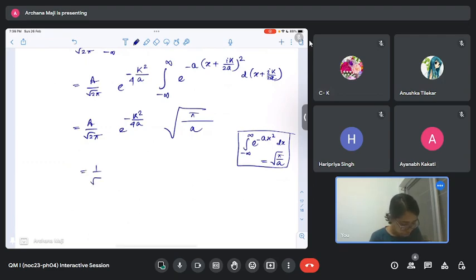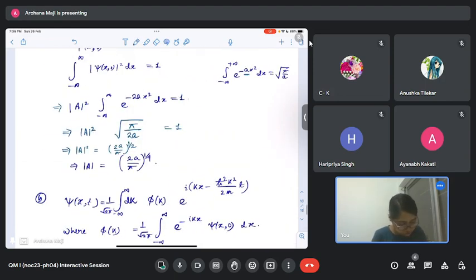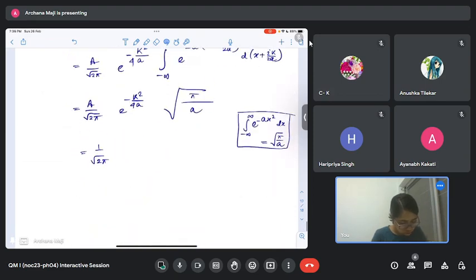Okay, so square root 2, so pi gets cancelled out, and okay, let me write it. What was a? A was a normalization constant. Okay, then this term also remains.